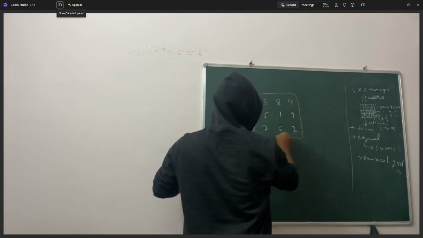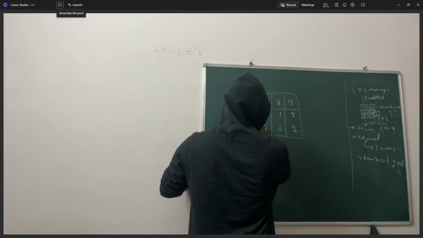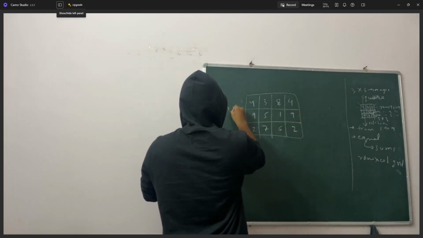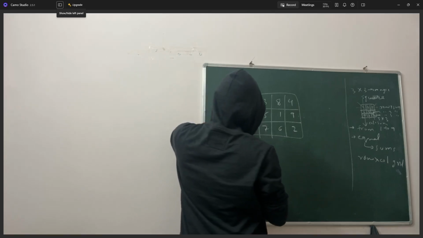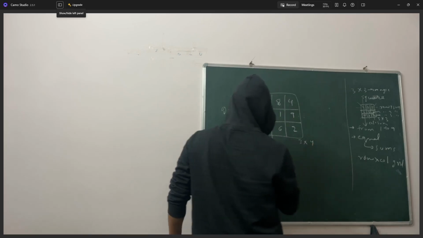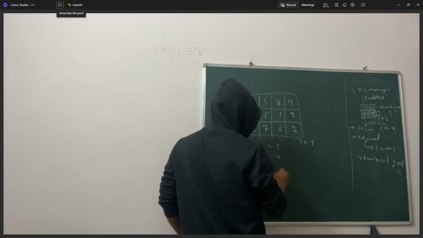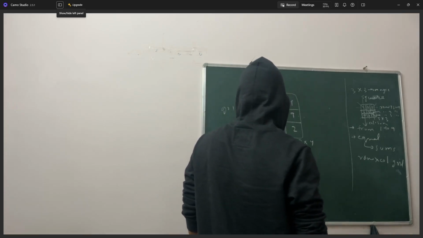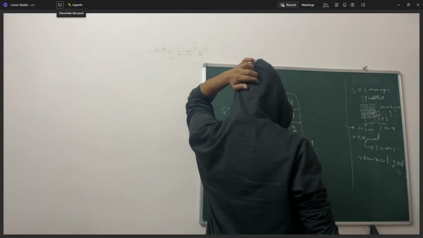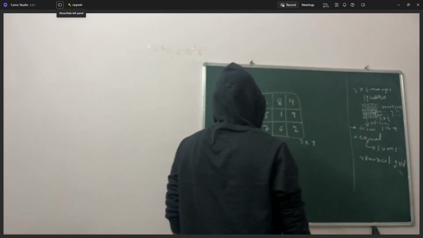We can consider this as a grid. How many rows are there? 3. How many columns? 1, 2, 3, 4. So here row is 3, column is 4. So we have a 3 cross 4 matrix, and we need to find the 3 cross 3 magic squares.